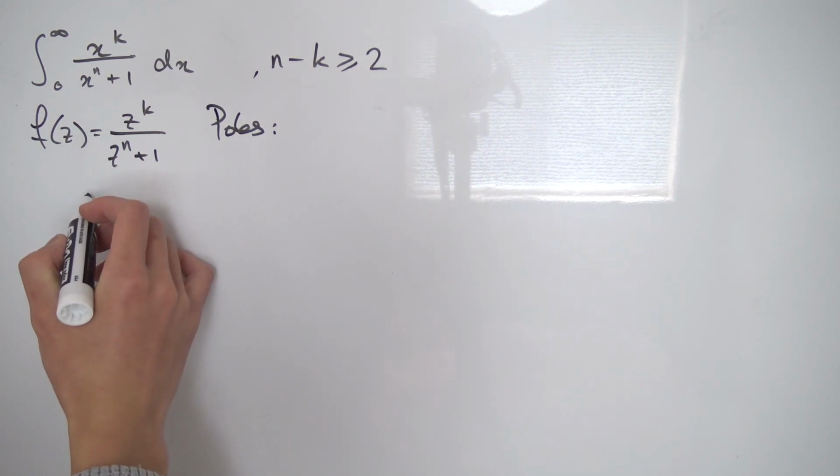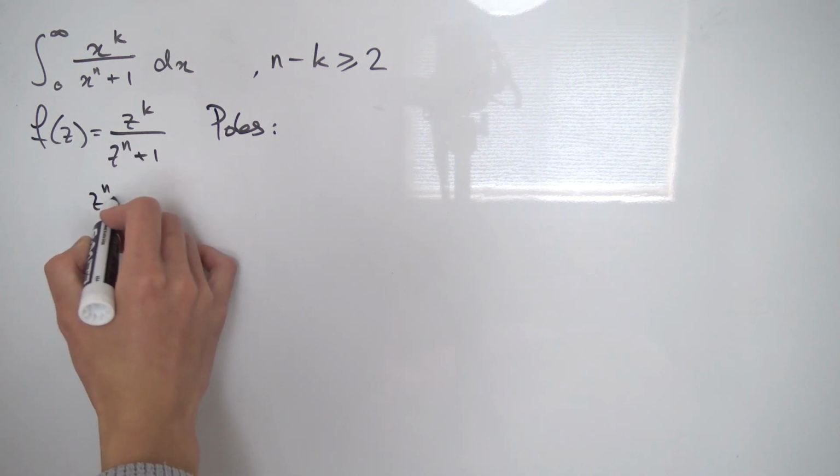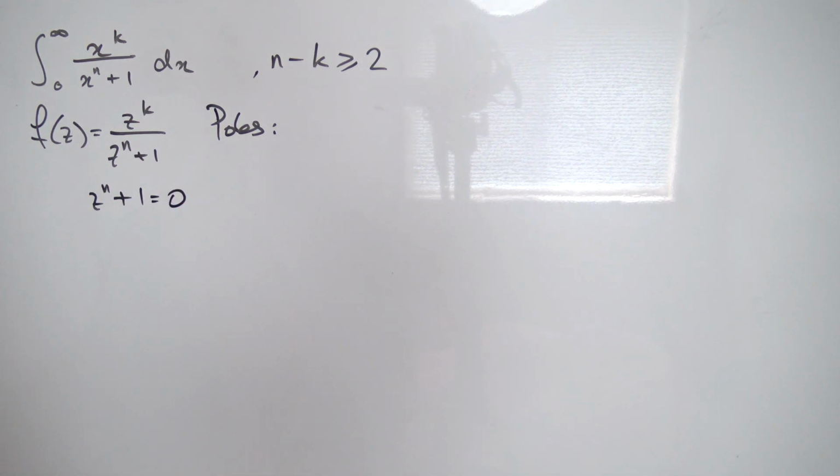So in order to figure that out, we just need to solve for when z to the n plus 1 is equal to 0. And I've done a video on this where I go through the solution in more detail. You can check the link up here or in the description.